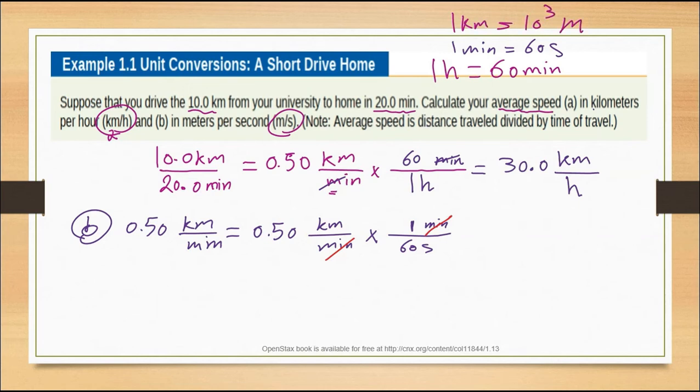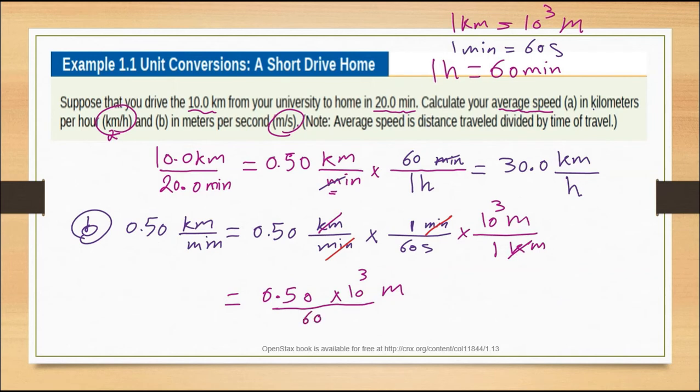We want to get rid of kilometer, write it down, 1 kilometer, 10 to the third meter, then cancel. So the answer is 0.500 times 1 times 10 to the third meter over 60 seconds, and that's equal to 8.33 meter per second.